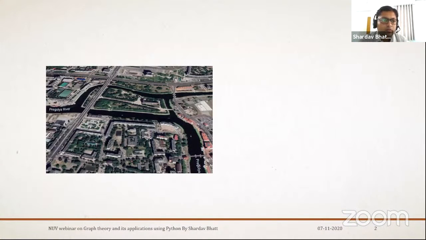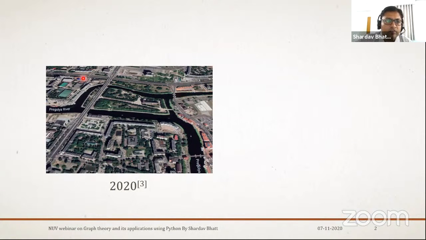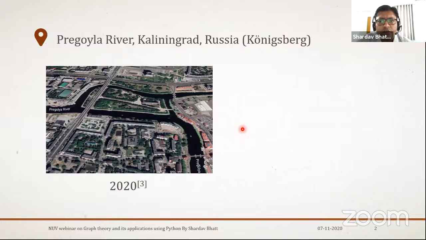So you can see one of the regions in this image. This image is taken from Google Earth in the recent year 2020, and you can see there is a river which creates 4 regions of some city. This part of the city is different from this, and from this, and this is the 4th part. This area is situated in Russia, and the current name is Kaliningrad, and the river is the Pregola river.